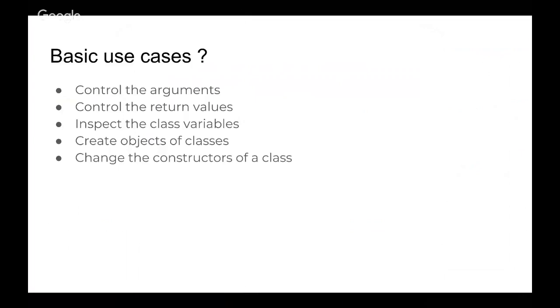True means the Android device is rooted, false means it's not rooted. So what I generally do is take control over the function. Whenever it returns true, which means the Android device is rooted, I just say false. The basic use cases include controlling the arguments, controlling the return values like I said, inspecting the class variables like we did in the previous example, creating objects of classes, and changing the constructors of classes.